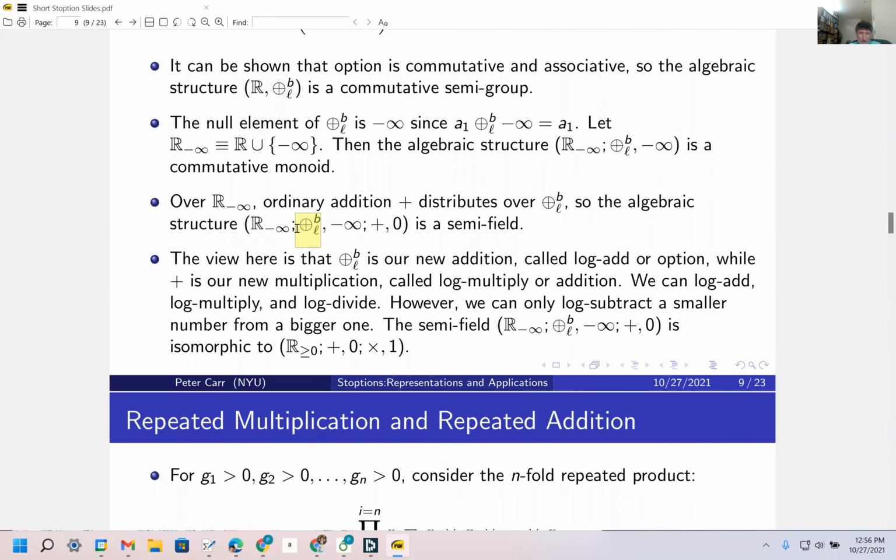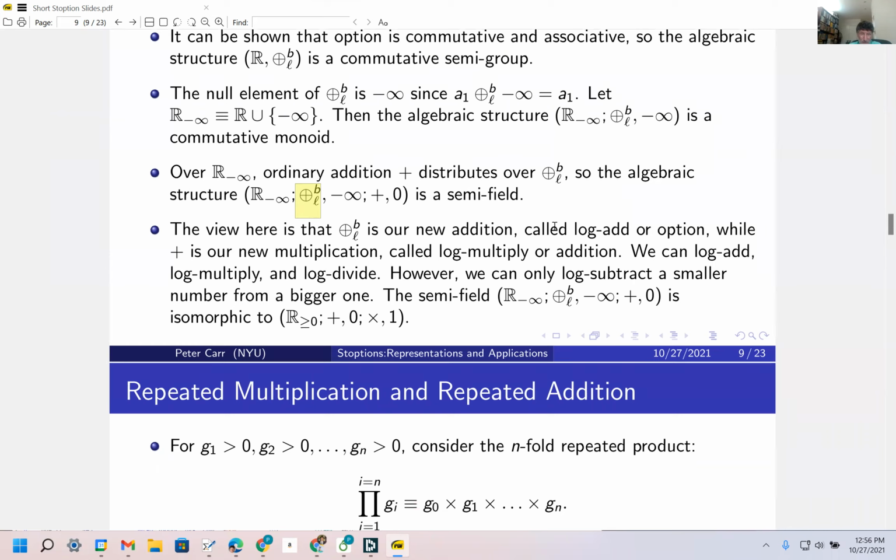just as ordinary multiplication distributes over ordinary addition. So in this algebraic structure that I'm calling a semifield, you can log add, which is the first binary operation. You can log multiply, which you know as ordinary addition. And you can also log divide, which you know as ordinary subtraction. But unfortunately, you can't necessarily log subtract.